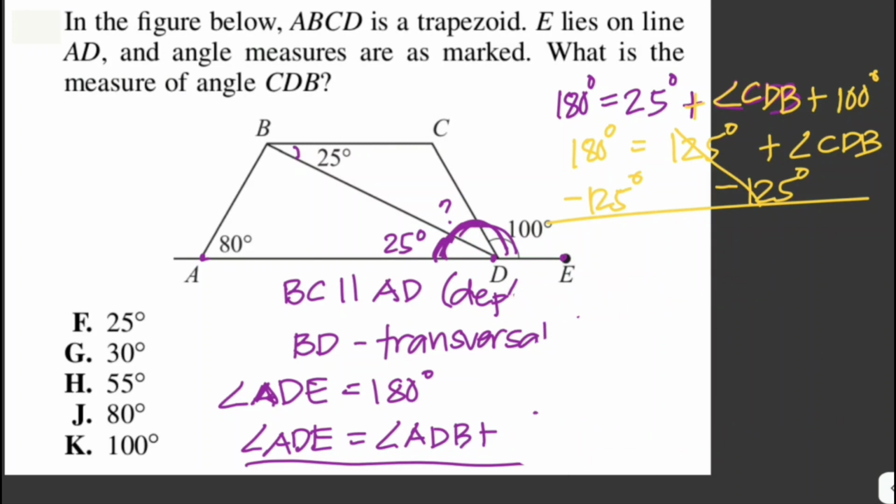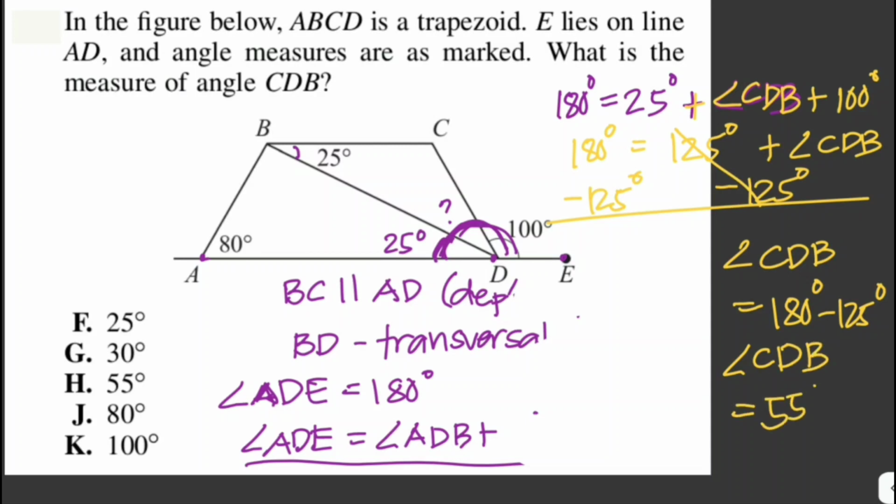Therefore, angle CDB is just equal to 180 degrees minus 125 degrees, and that is just equal to 55 degrees. So the answer here is letter H.